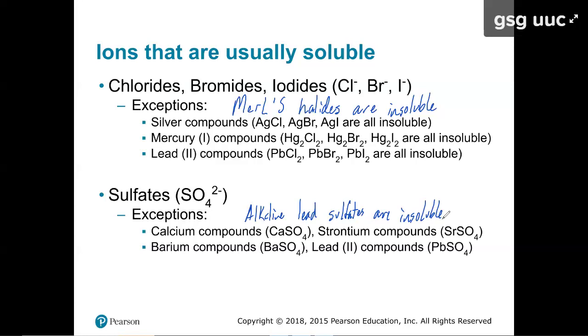Well, the calcium, strontium, and barium, where do we find those? Group 2, the alkaline earth metals. Lead, well, that's the other one. So the alkaline lead sulfates are insoluble. That's just a reminder for us that we're looking at group 2 and lead to find the sulfates that will not dissolve.